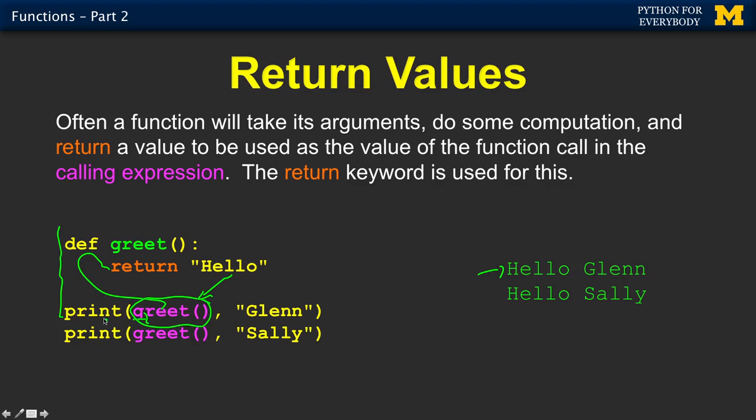And then it goes on to the next line, it runs greet again, comes in here, and so now hello becomes this residual value. Now it's not very clever, but you get the idea. This residual value, it's like hello Sally, so it prints out hello Sally.